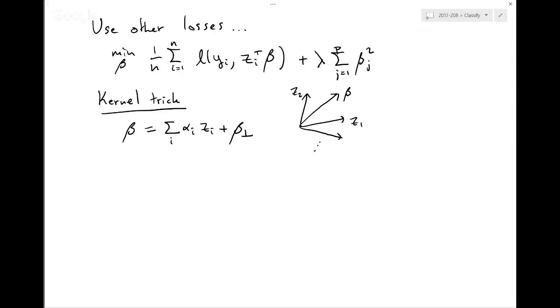So we can always write beta in this way for some real numbers alpha 1 to alpha n, and a beta orthogonal such that its inner product with each zi is zero. The image you should have in your mind is that beta can be written as a linear combination of the z's, where beta orthogonal takes a right angle to all of these z's.